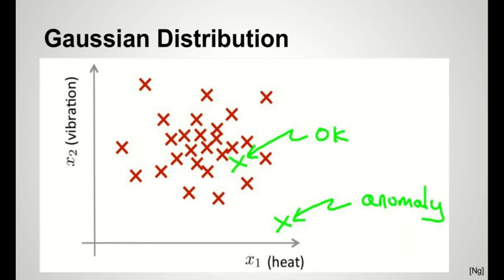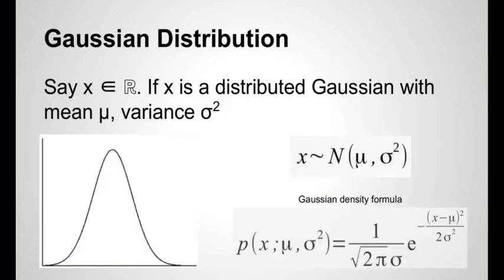So this is the Gaussian distribution. It is also called the normal distribution, and it's often referred to as the bell-shaped curve because of its shape. The parameters that define it are the mean, which is the average, denoted by the letter mu, and the variance, which is sigma squared.